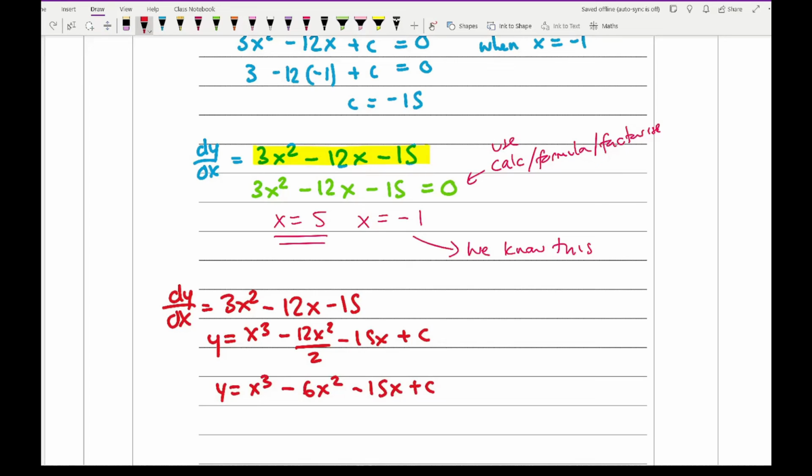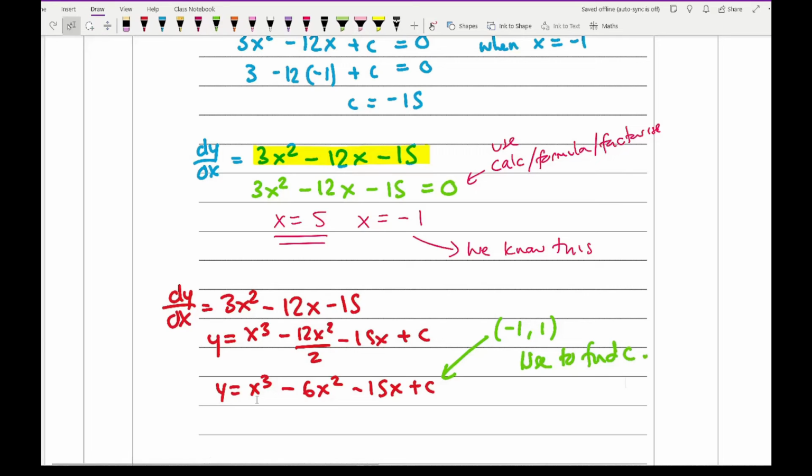Then we know that a coordinate exists. So we know that when x is -1, y is 1. I've got my coordinates the wrong way around there, so let me just correct that. We can then use this to find c.